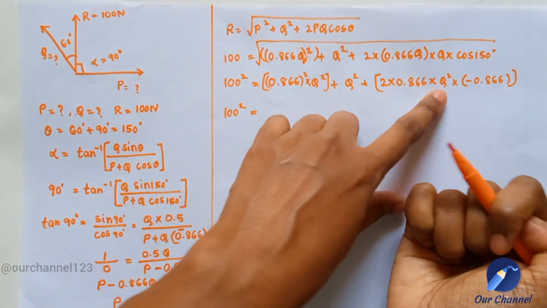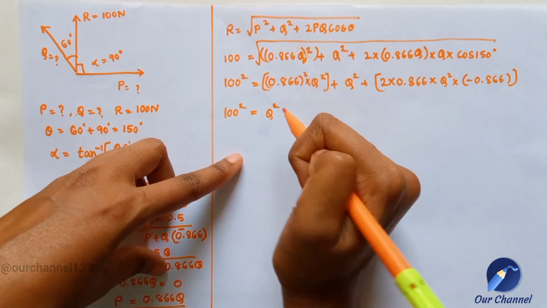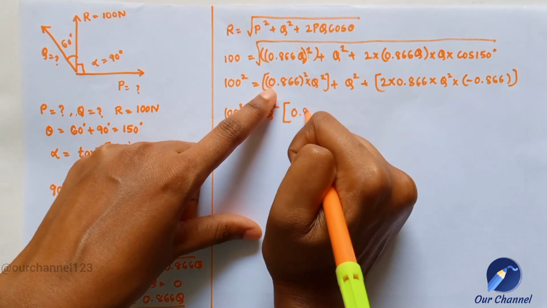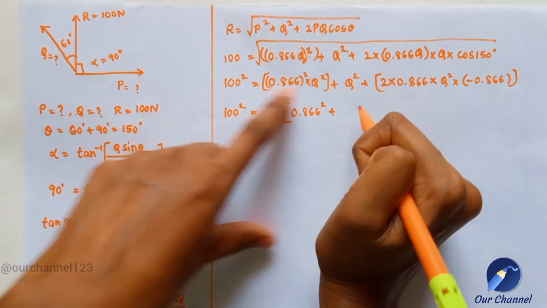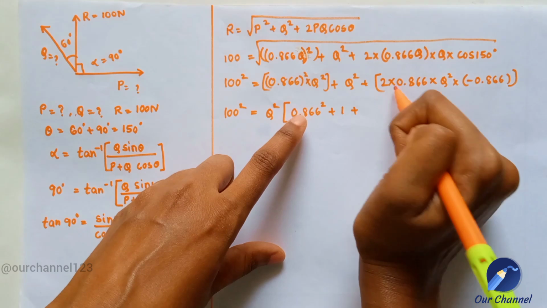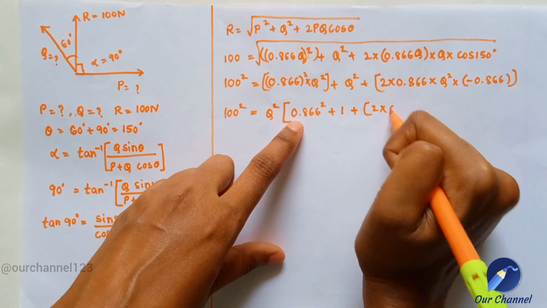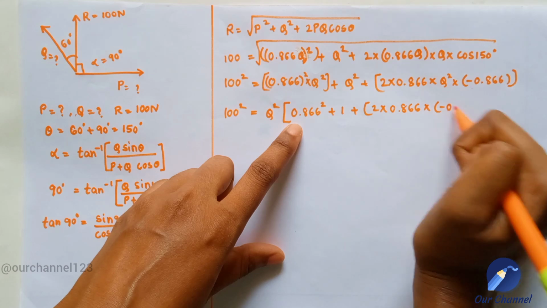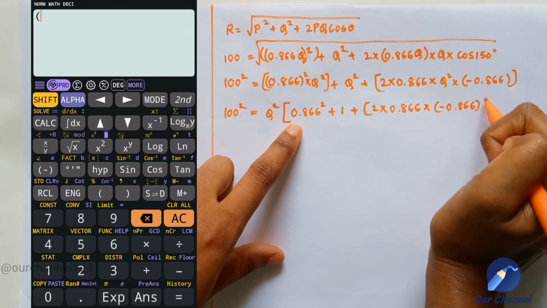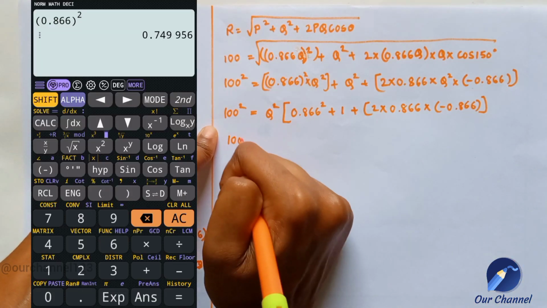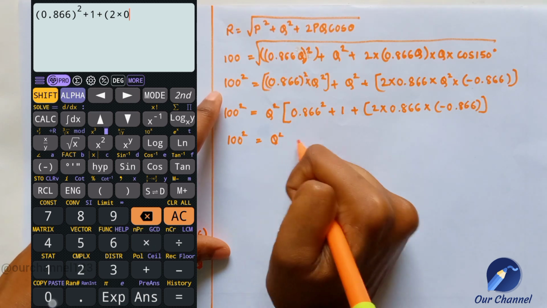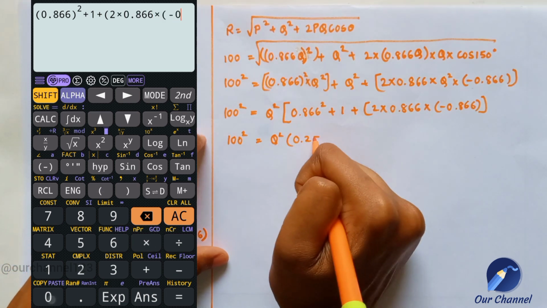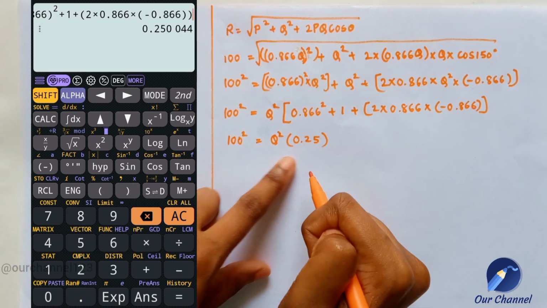Take Q square common from all the three. 0.866 square plus 1, because Q square into 1 is Q square. Next the remaining 2 into 0.866 into minus 0.866. 100 square is equal to Q square into 0.25.